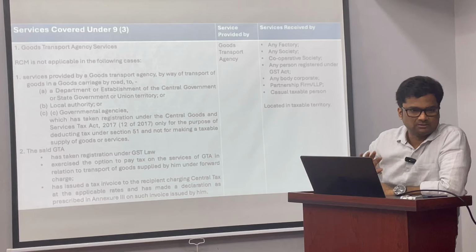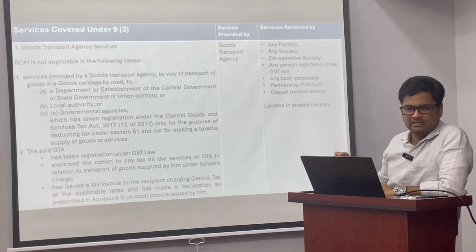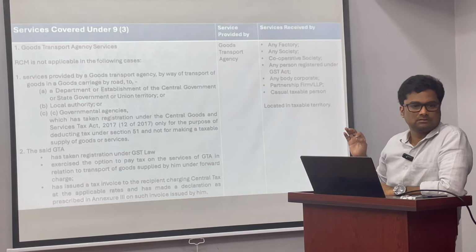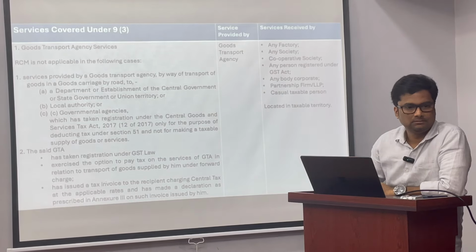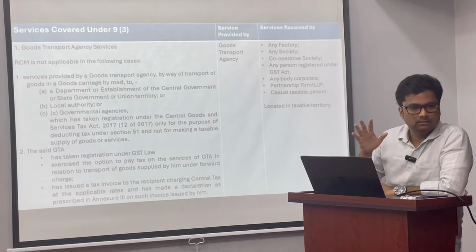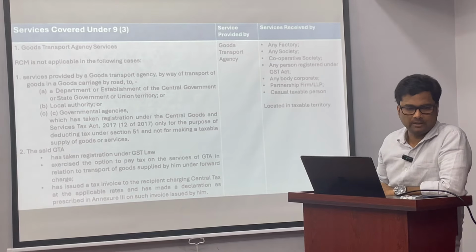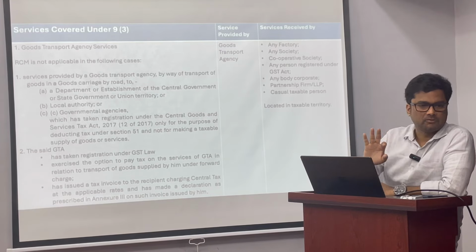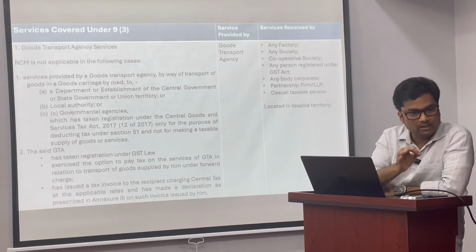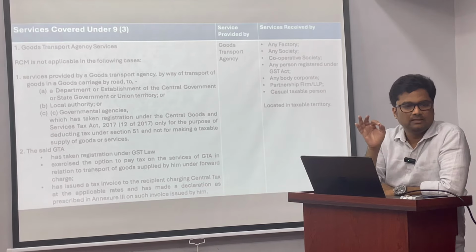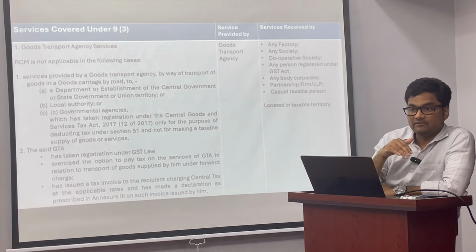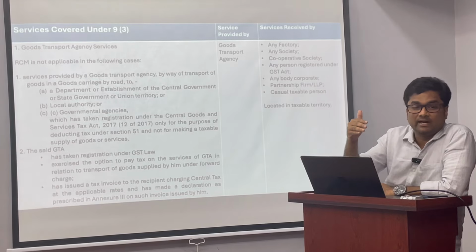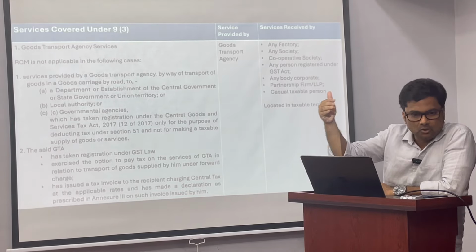Goods transport agent means a person who engages in transportation of goods by road, and issues a consignment note. He is only called GTA. And the services he is providing are called transportation of goods by road.